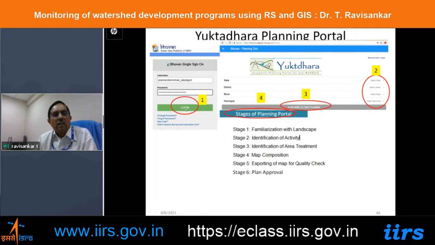Here we have the login module, then the selection stage, and then we have to start the planning. These are all the stages of planning in this particular Yuktadhara planning portal. This version is in the process of development, and I'll just take you through these steps so that you can see how the plan is made.